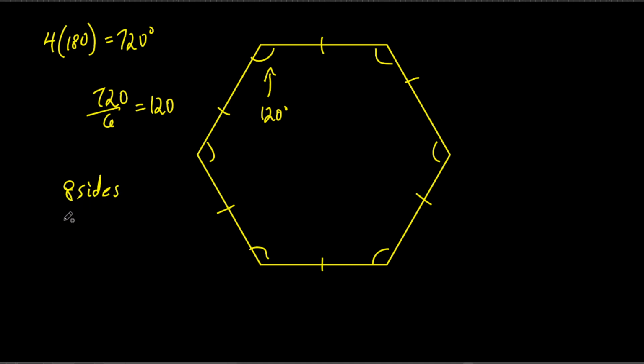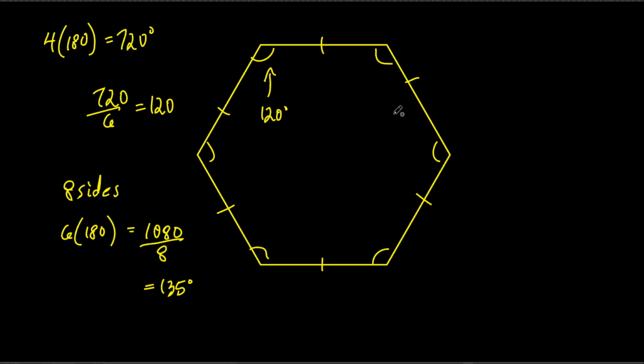So if there's 8 sides, how many triangles? 6 times what? 180, and that would be 1080. Now, if there's 8 angles, how do you find out what each of those angles are? Divided by 8, and I think that's 135. So each angle on a stop sign, no matter how big or small the stop sign is, is 135 degrees.